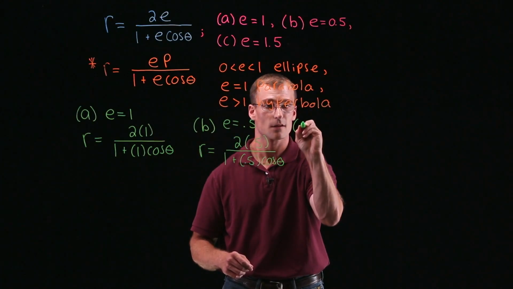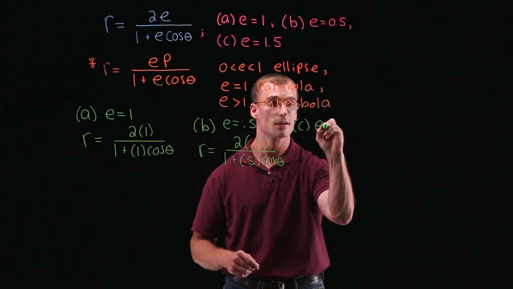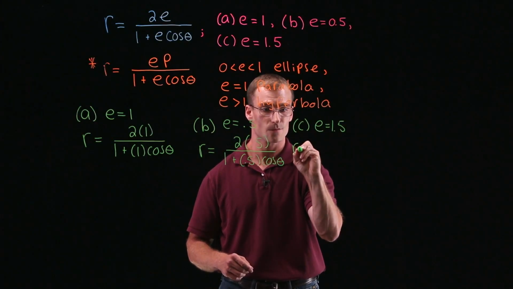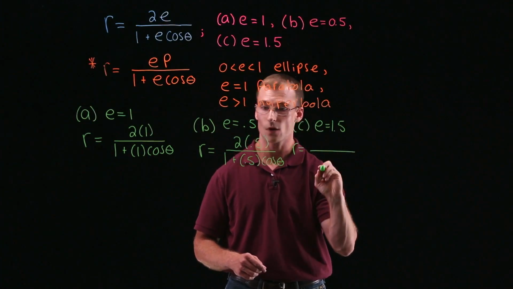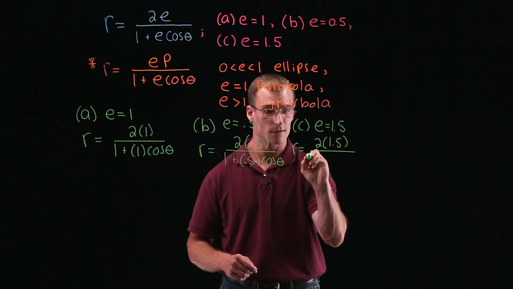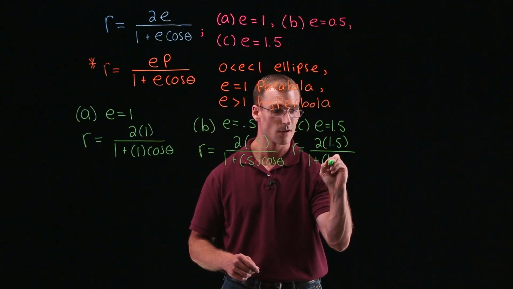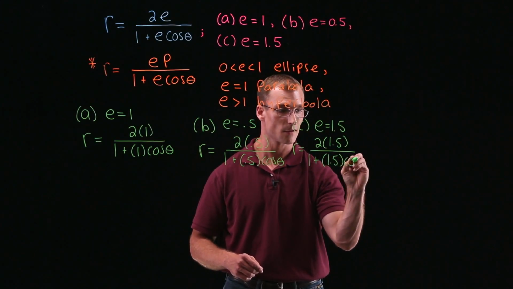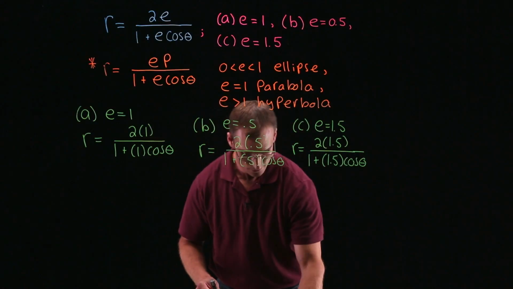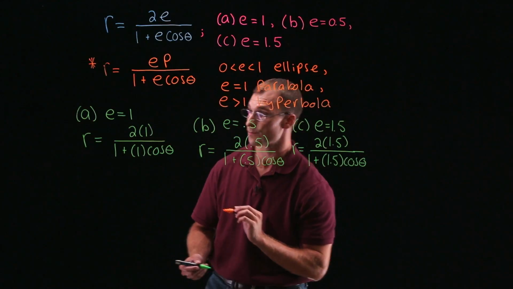And lastly, C, where e is 1.5, r is equal to 2 times 1.5 divided by 1 plus 1.5 times cosine theta.